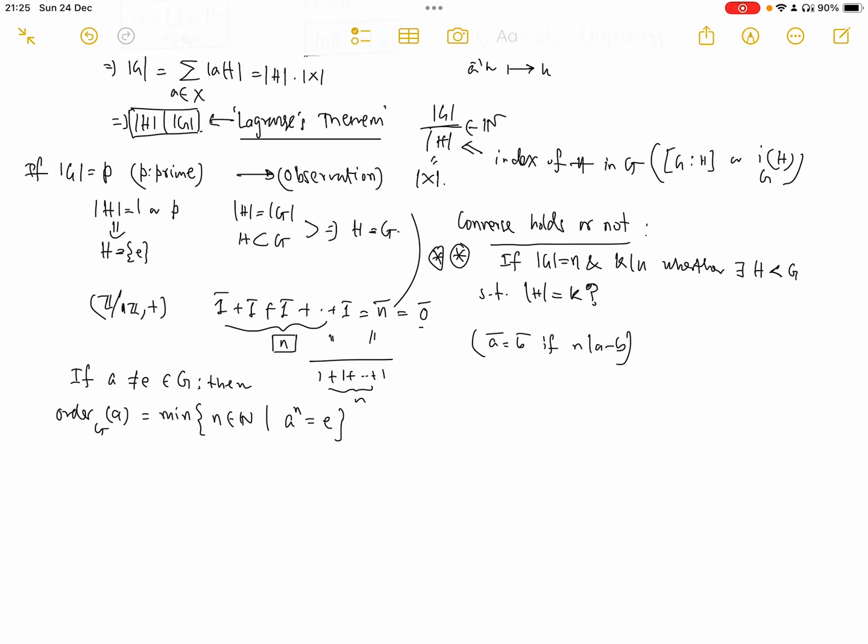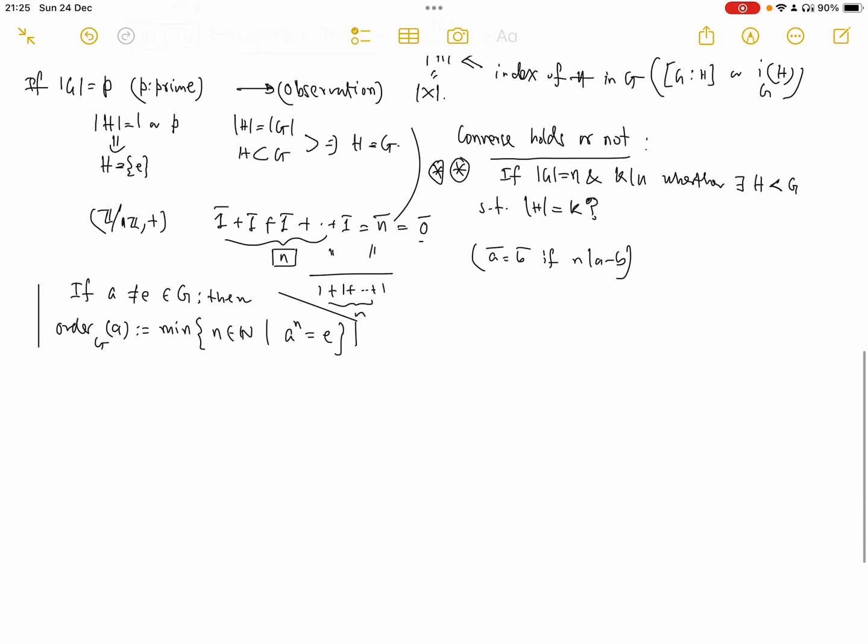So the minimum of all such natural numbers, you define to be the order. For example, here, if you add n times, you will get 0. If you add 2n times, you will again get 0. But n is the smallest one, right? So here the order of 1 is precisely n. So that is the definition of the order of a particular element.